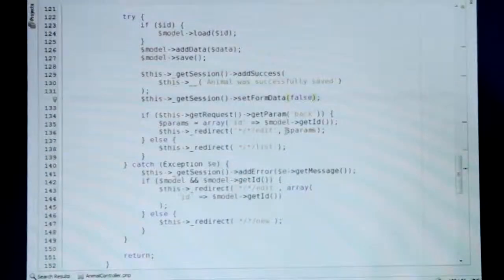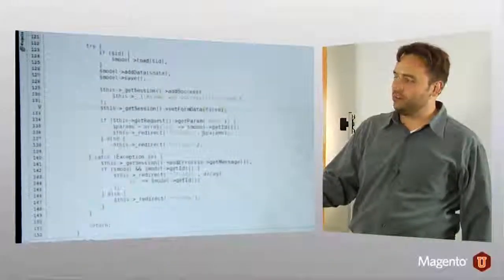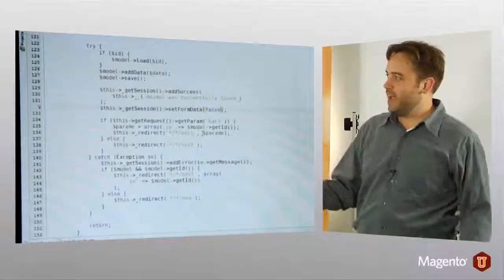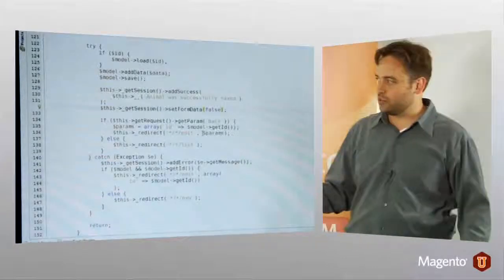It's a nice feature. In case something happens, we do a similar thing to what we do up here. This gets session, but instead of add success, we add error. That'll give us a red box. And we just simply state the message that we've been given, so whatever error was thrown.